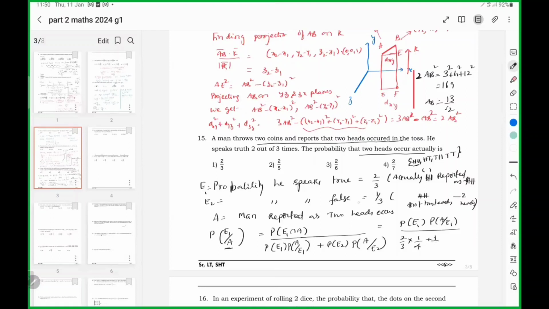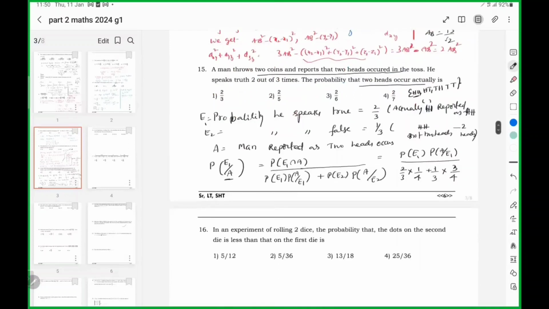So once you speak false, 1/3. So in that case, he'll not get a head, he'll get any one of them other than head. P of E1, which is the same, 2/8, 2/12. By 2/12 plus 3/12, which is 2/5.